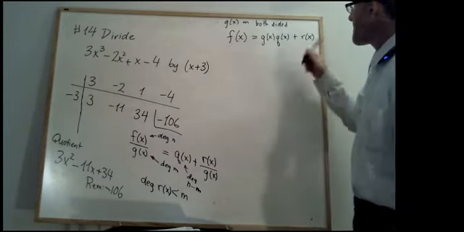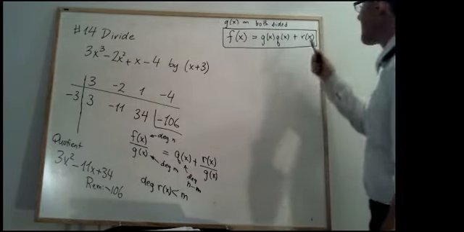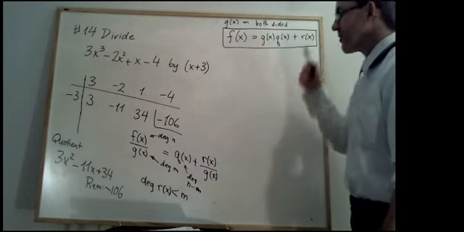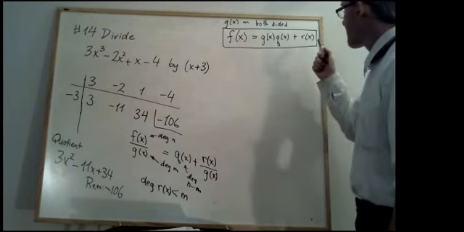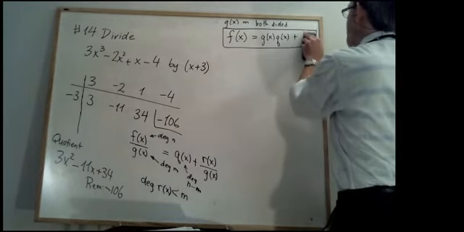But now this is an important way of writing it, because if r is 0, okay, so if the remainder polynomial, which in this case is a constant polynomial, so I can actually replace this by just r.